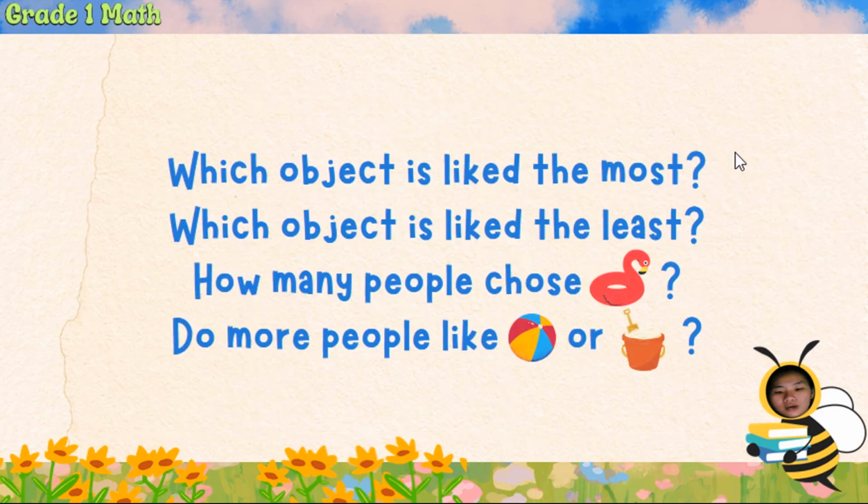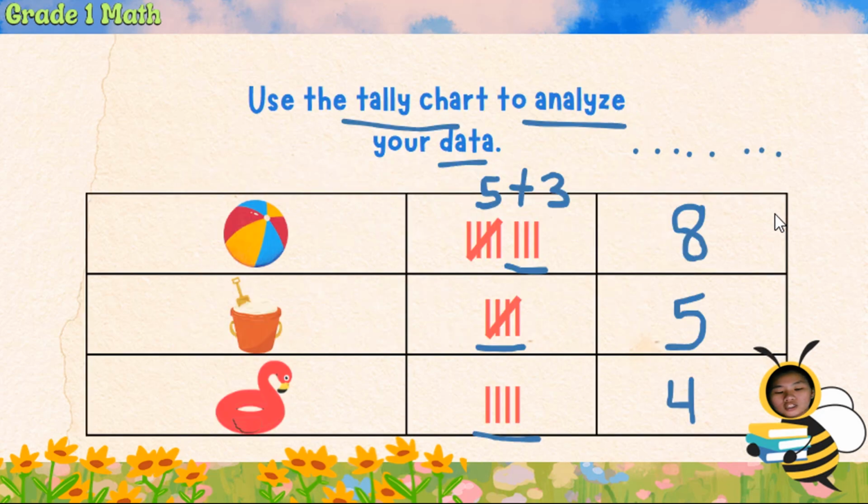Now, to our questions. Which object is liked the most? So the most means number 1, okay? Most means number 1, and we're dealing with liked the most. Which object did people choose more?